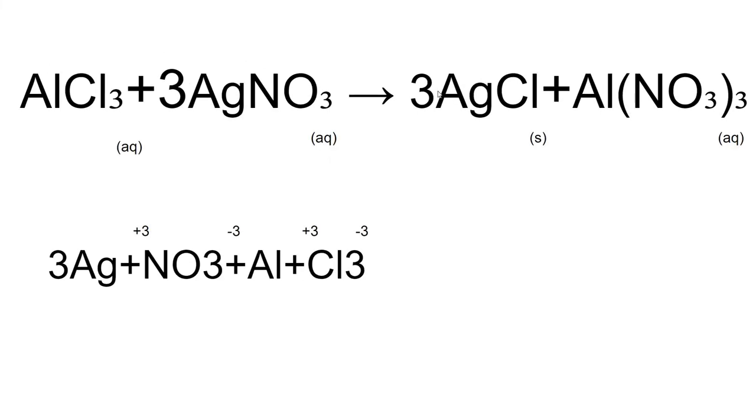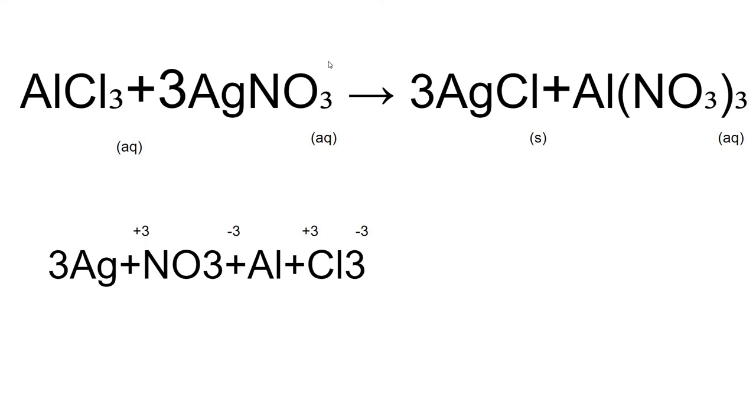So, now we have to look at the solubility rules. And the solubility rules are quite complex. I would suggest you try to memorize them, or at least try to memorize a couple of them. Now, the solubility rules are related to aqueous solutions and solid solutions, as in aqueous means that they dissolve in water, right?